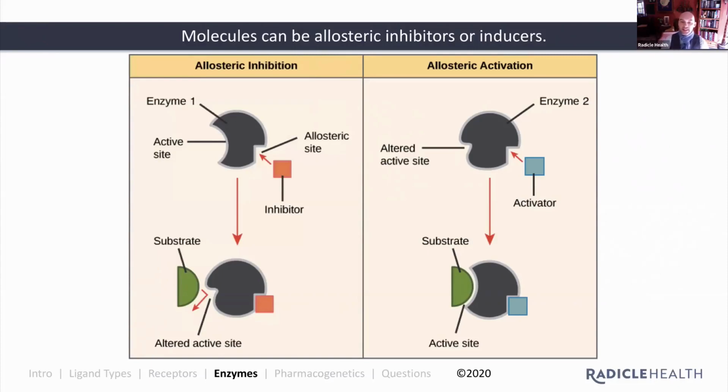Here's one thing that is important to remember. When you have enzyme inhibition, something similar to what's on the left-hand side, this is going to cause the serum levels of drugs to go up. If you have enzymes that are responsible for metabolizing drugs and they're not working efficiently, either because something else is blocking that binding site, or it's changing the shape, less of that drug has been metabolized.